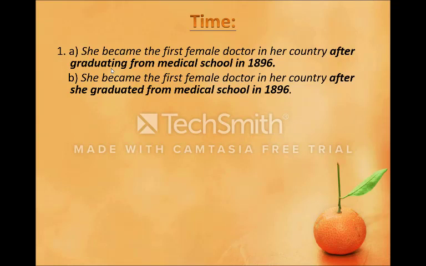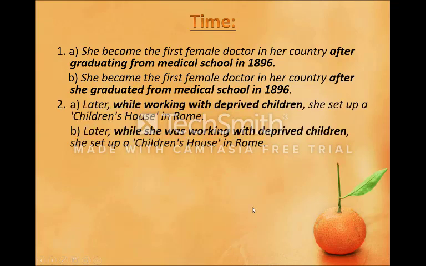So what is the difference between a gerund and a participle? Remember, gerunds are verb ing used as nouns. 2. Later, while working with deprived children, she set up a children's house in Rome. Later, while she was working with deprived children, she set up a children's house in Rome.